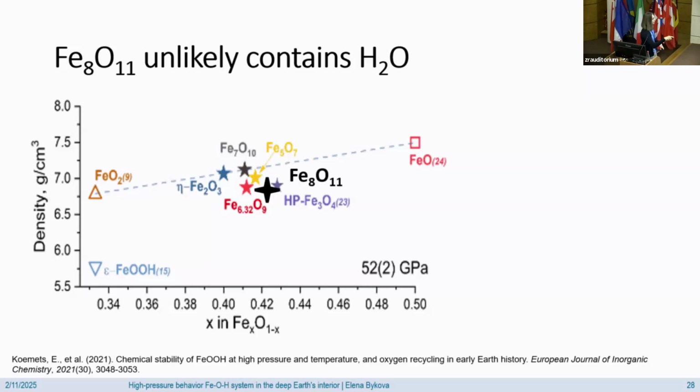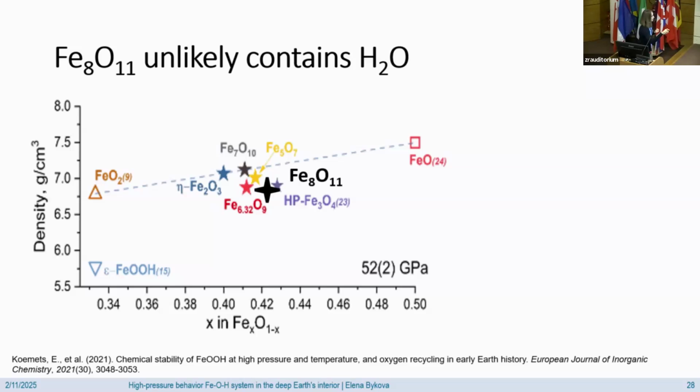as a function of the atomic iron content. So on this side, for example, if we have pure FeO, we have its density, and the iron content in FeO is 50%, 1 atom of iron, 1 atom of oxygen. If here will be FeO2, the iron content will be 33%, 1 atom of iron, 2 atoms of oxygen.